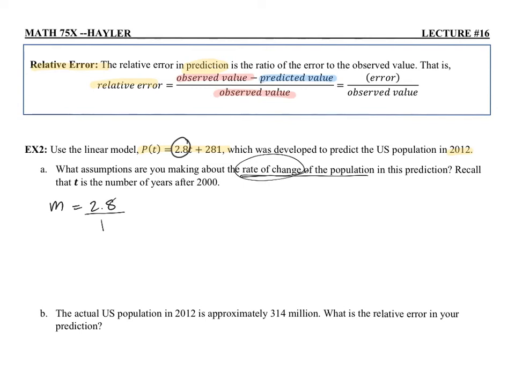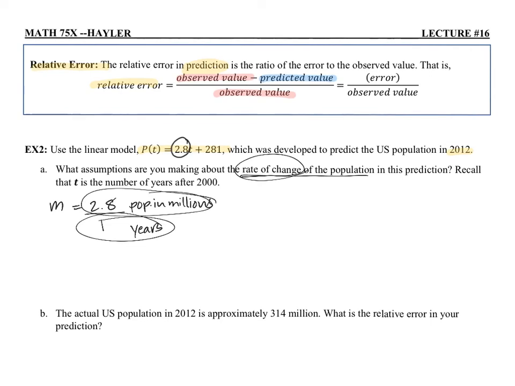So the P value is the population in terms of, I believe, millions, and 1 was the number of years. So when I read this slope off, it's saying each year the population grows by 2.8 million.